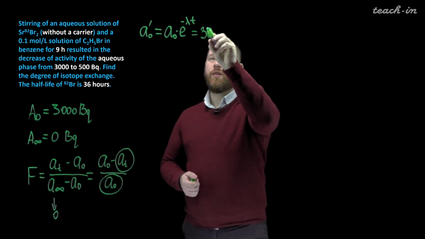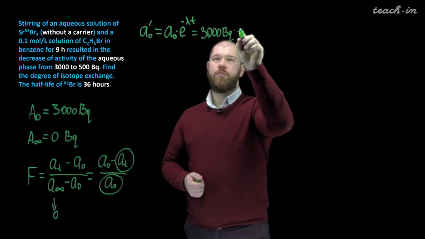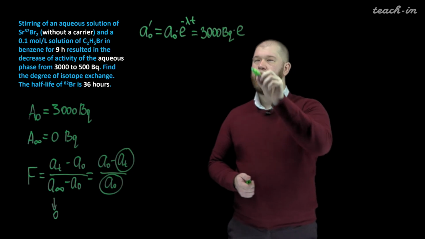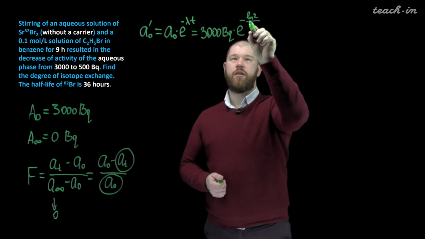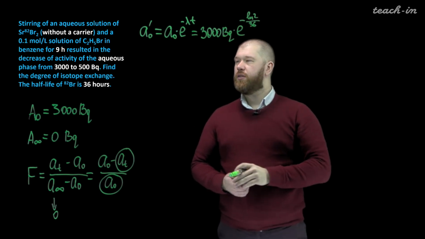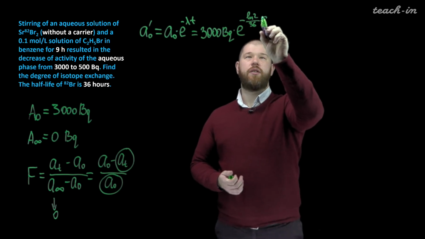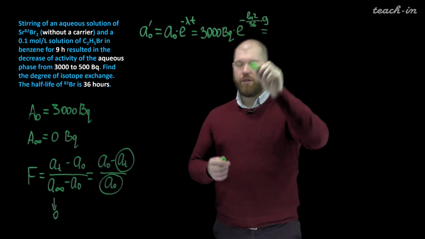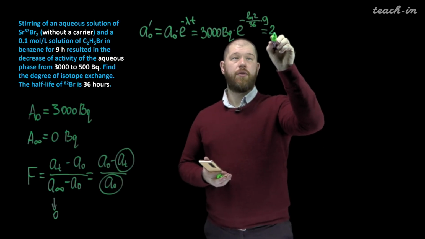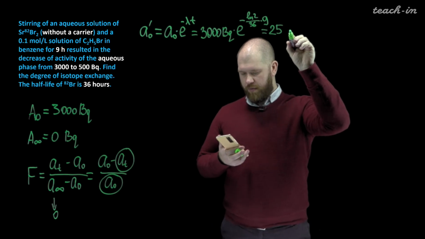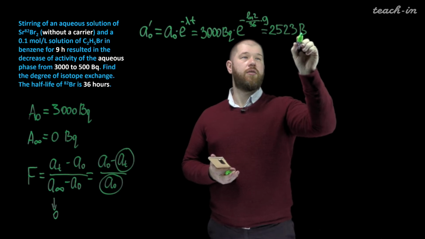It will be 3,000 becquerel multiplied by the exponent minus logarithm 2 divided by 36 hours, the half-life, and multiplied by the time that has passed. So it will be 2523, let's say, becquerel.